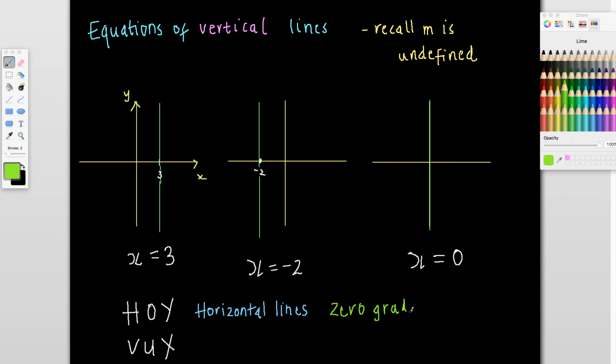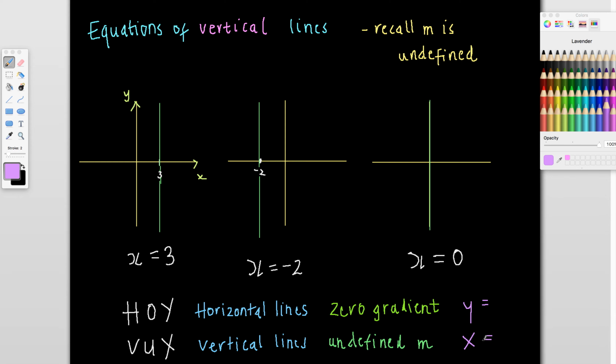Horizontal lines have a 0 gradient, and the Y means it's got the rule y equals. V is for vertical lines. The U, you've probably guessed, means undefined gradient. And the last bit, the X, I'll just say undefined m because I'm running out of space, will have the rule x equals. So that's one way that you can recall these particular rules in terms of vertical and horizontal lines.